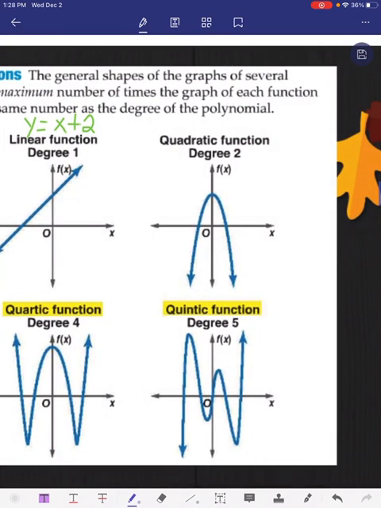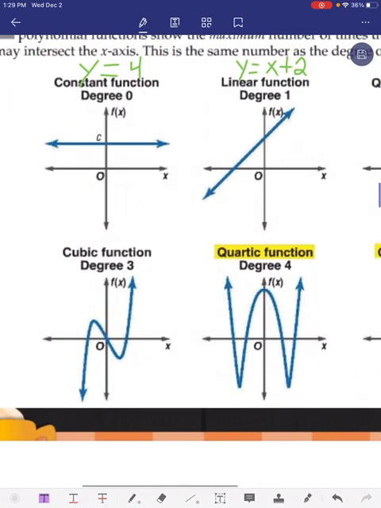On our next one, we have a quadratic function, which has a degree of 2. So we have something that looks like negative x squared plus 3. I have a degree of 2, which means that my graph can cross the x-axis a maximum of 2 times.